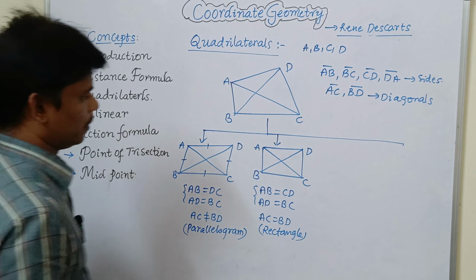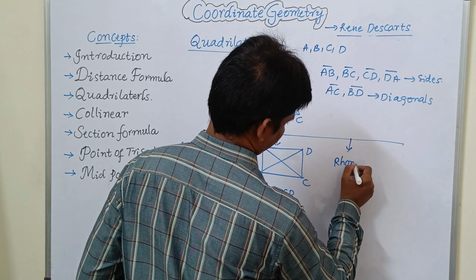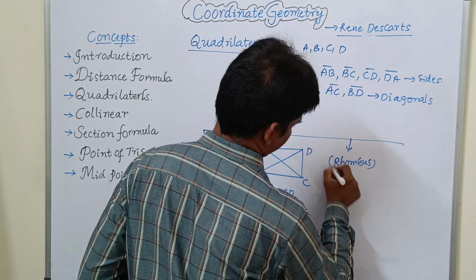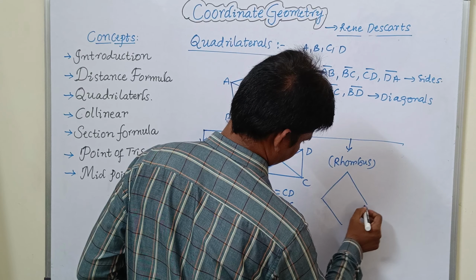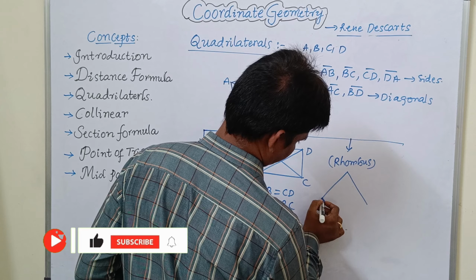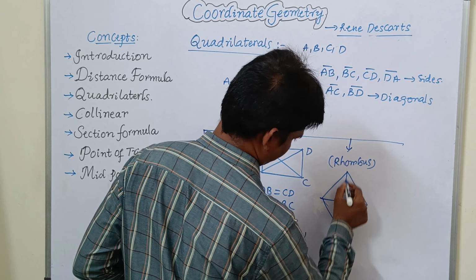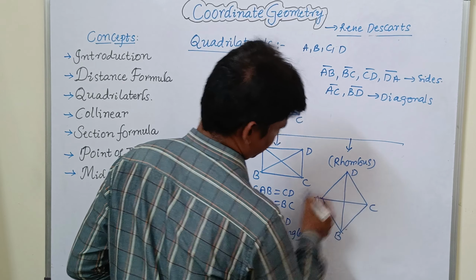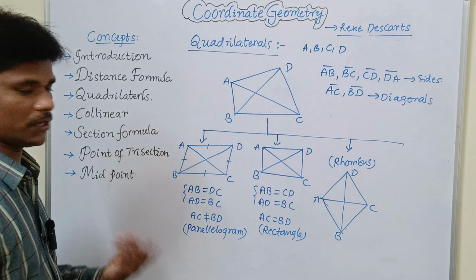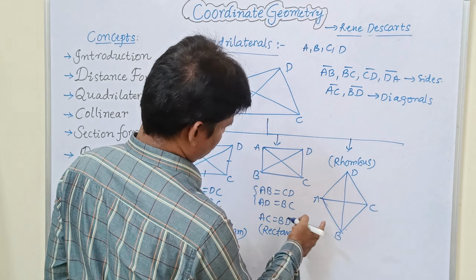And the next is the rhombus. Take A, B, C, D as a rhombus. Here also you have to find the six distances. So how does it look?